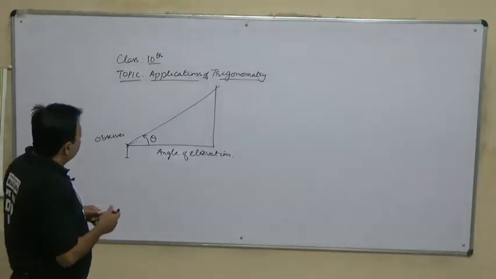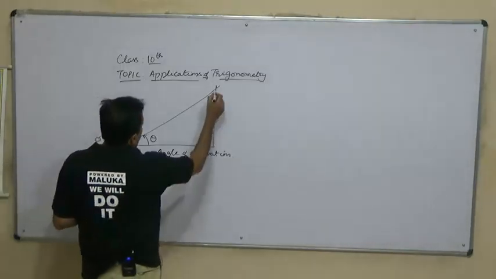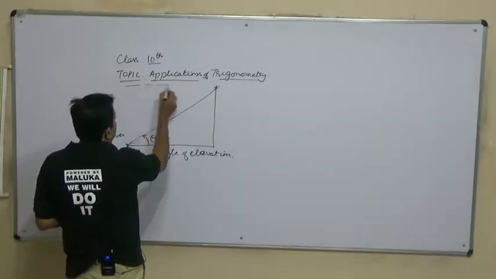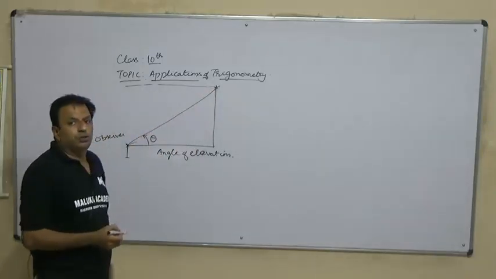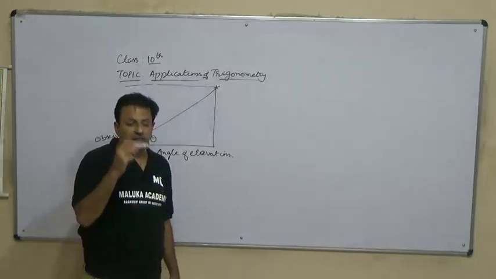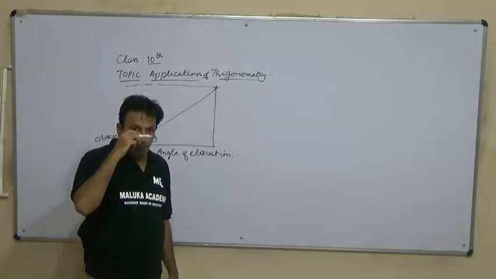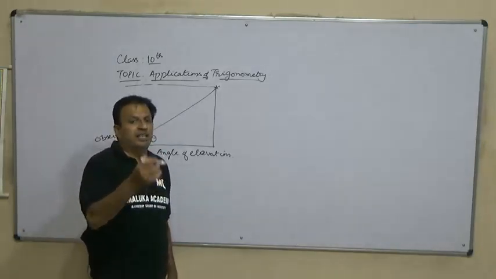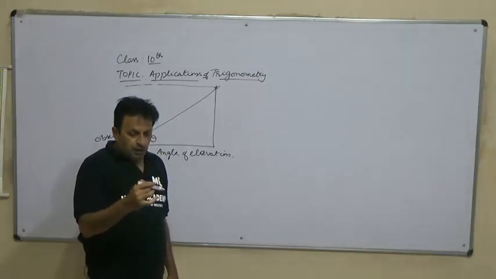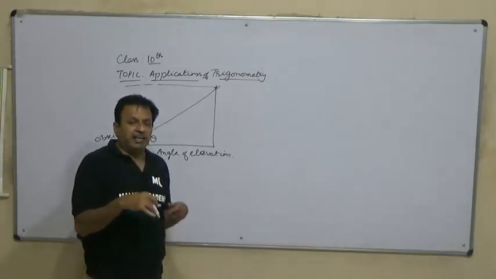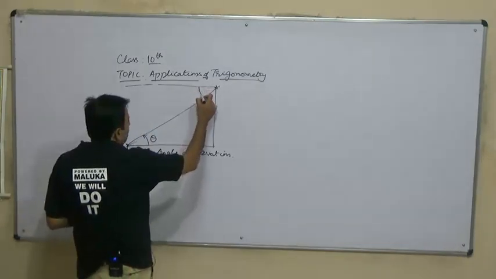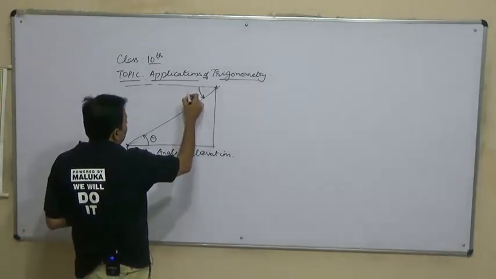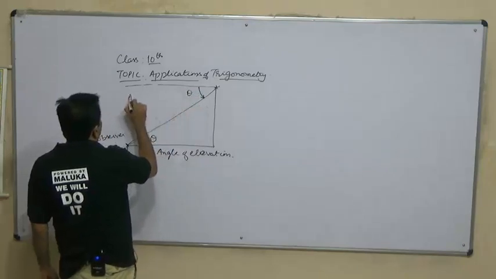And for example, we are at this position, this is the normal position, and we want to see this object. If I want to see an object which is below the line of normal to my eyesight, we have to lower our eyes below the normal. So this is below the normal, and this angle is known as the angle of depression.